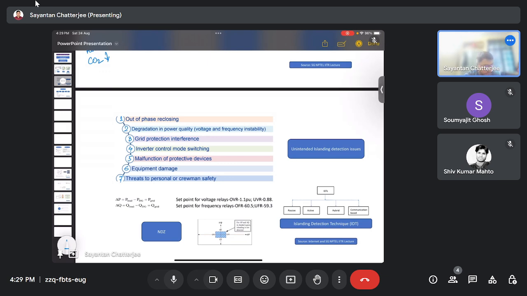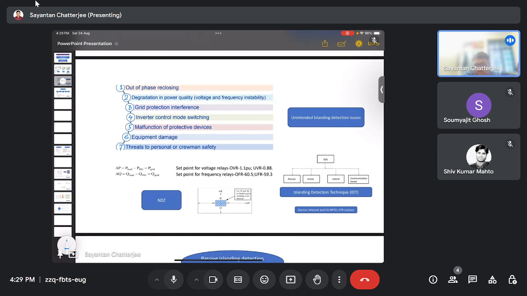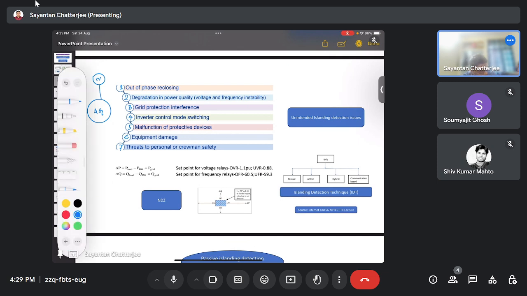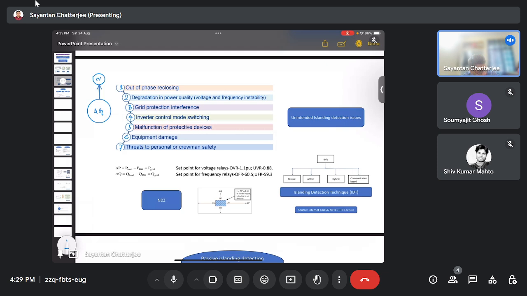Unintended islanding detection. Now, what is the necessity for the islanding detection relays? The necessity is that suppose we have a microgrid, and here we have the main grid from where we are having the power supply.